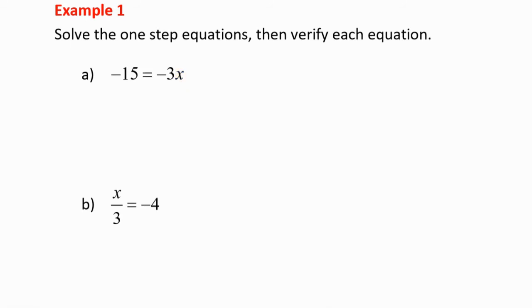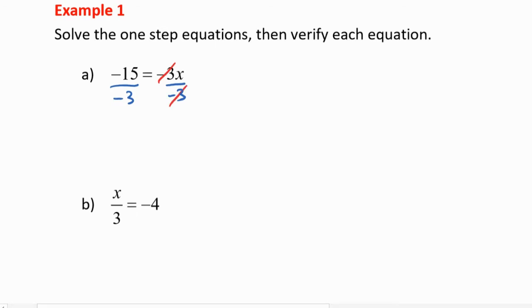To isolate x, what we do is cancel multiplying by -3. So we do division, divided by -3. Or it's the same thing, we use the division bar.